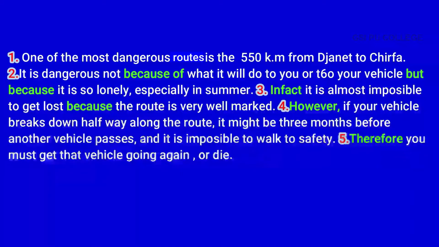In the 4th idea, or 4th sentence, you have the linker however. This means all the same or nevertheless. Here it means although there is no danger of getting lost, if the vehicle breaks down, there will be a bigger problem. In the fourth sentence you also have the linking word and, it is impossible to walk to safety.